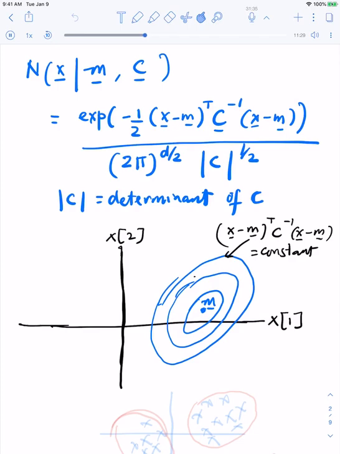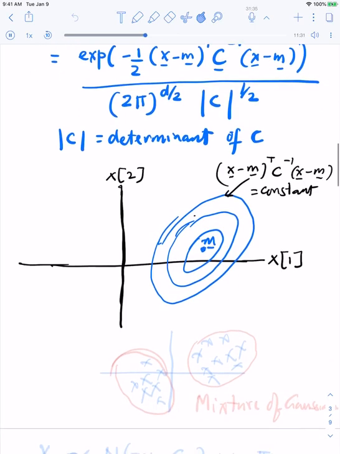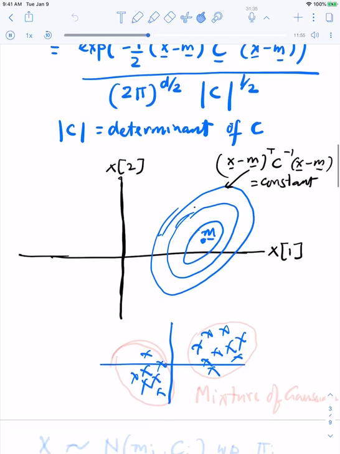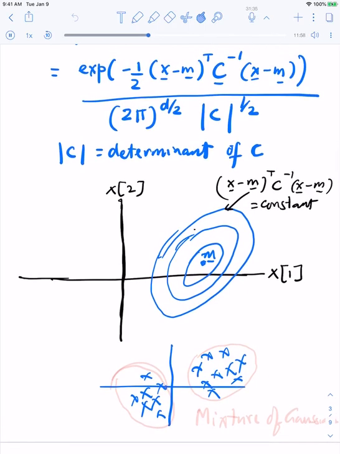Of course, in real life, your data might look quite different, right? Let me just draw some picture of some data that's out here and there. And that data does not look Gaussian, because if I try to fit an ellipse to it, there's a gap in the middle where there's nothing going on.